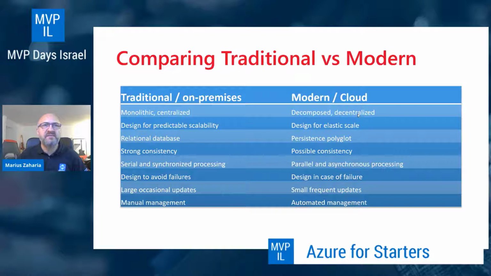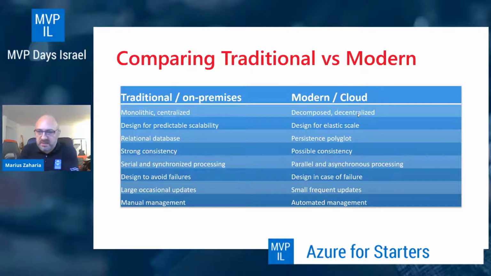But that also changes the way things are implemented, for example the consistency of the data for the application. Once we have, for example, global coverage, the cloud gives us a global coverage possible for our application, which is awesome.